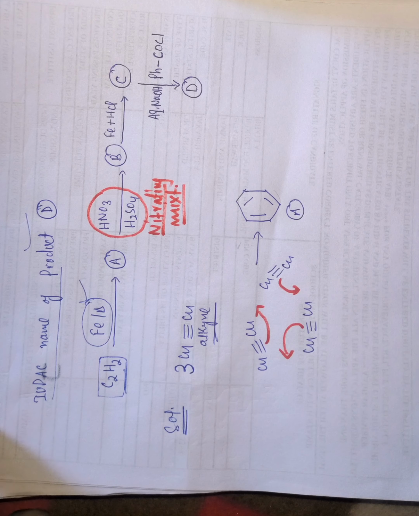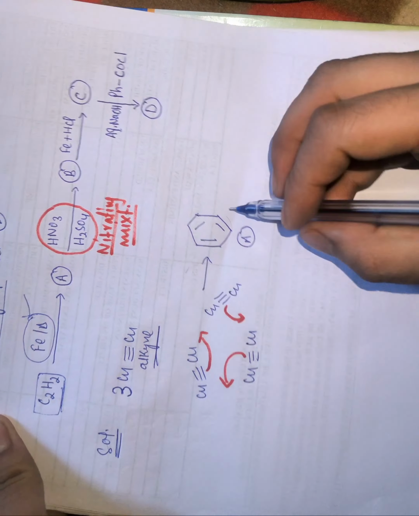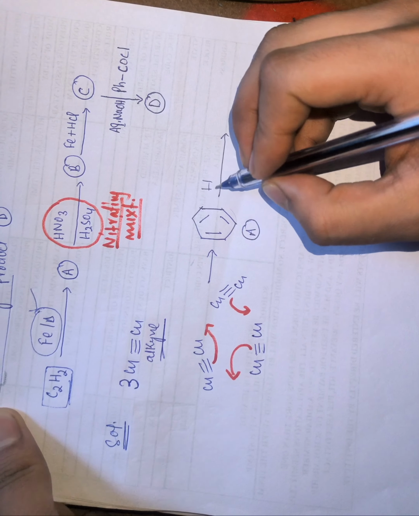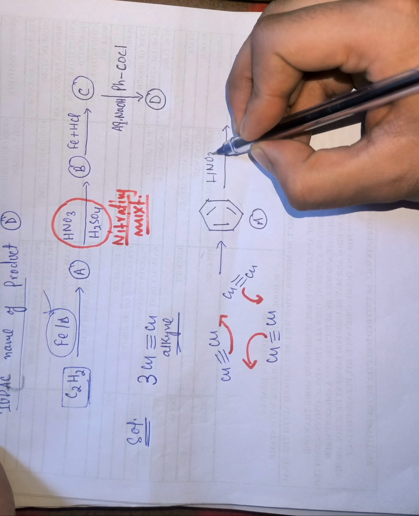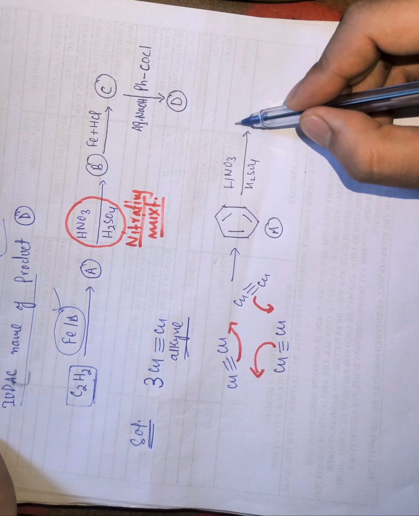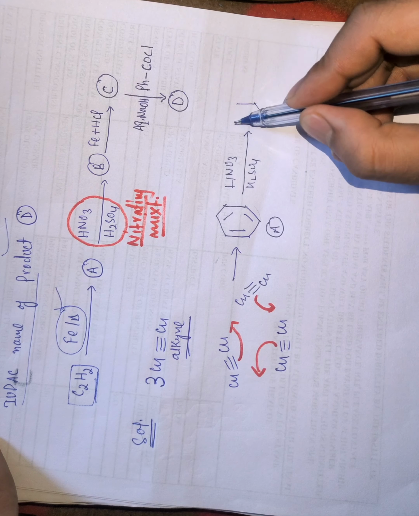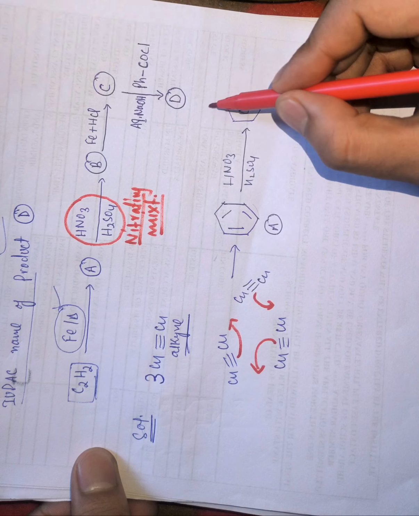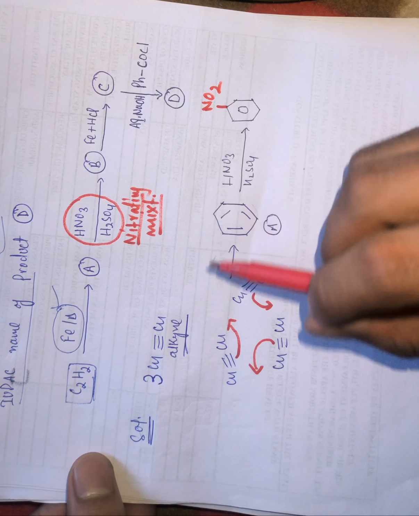It's a reagent used for electrophilic substitution reaction. So when A is treated with HNO3 and H2SO4, it will undergo nitration and form nitrobenzene. So the product B formed will be nitrobenzene, with NO2, right?